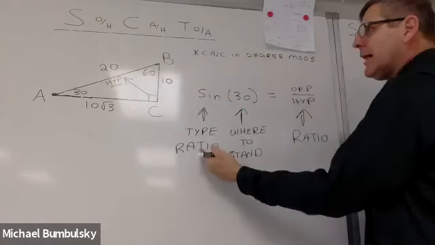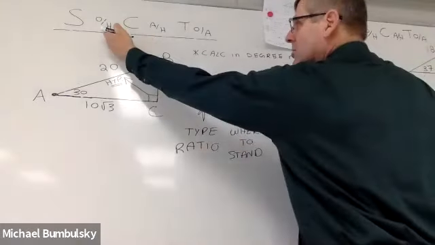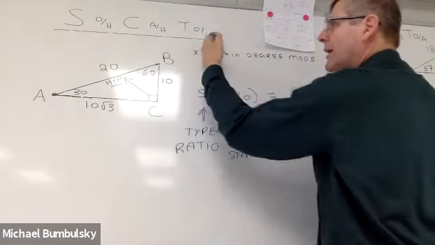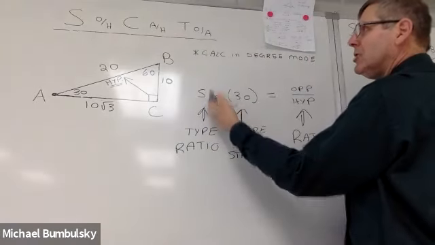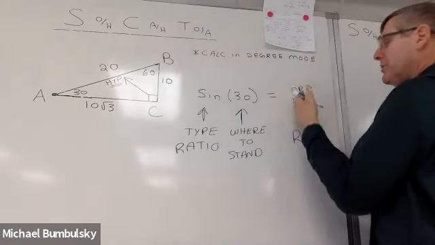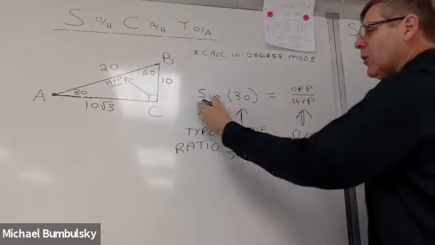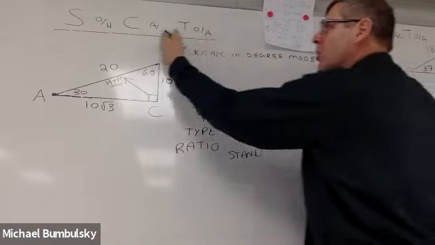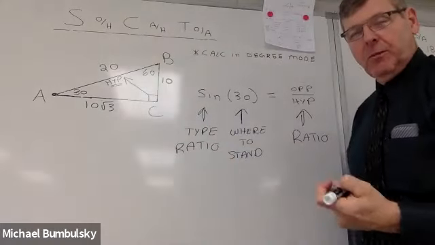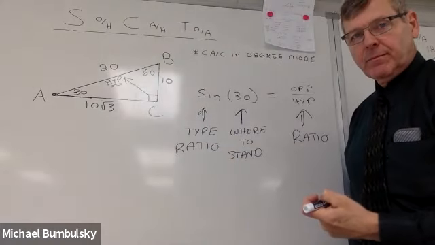Sine tells me what type of ratio I'm using. If this said tangent, I would put opposite over adjacent here, because whatever word is here tells you what the ratio is. Does everybody understand that?